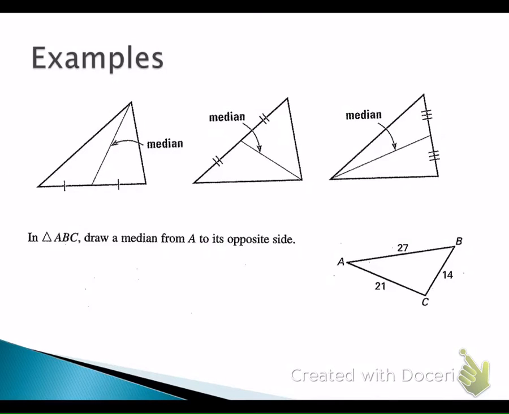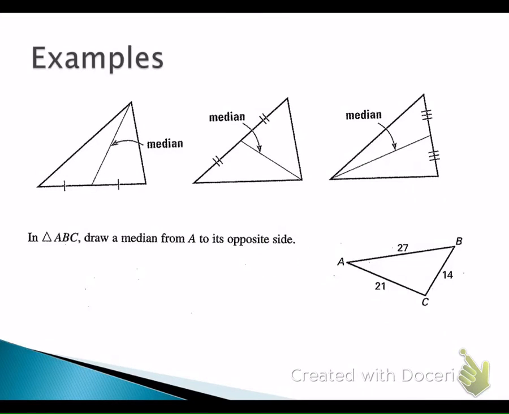So you don't need to draw these, but here's some examples of what the median looks like. So it's in the middle of the one side. It's right at the midpoint. And then it goes across the triangle to the other vertex. Okay? So the middle of this side to the other vertex, middle of this side, opposite vertex. So this says in triangle ABC, draw a median from angle A to the opposite side.